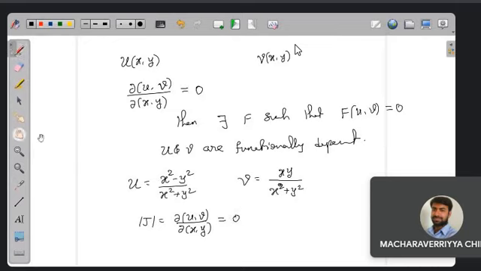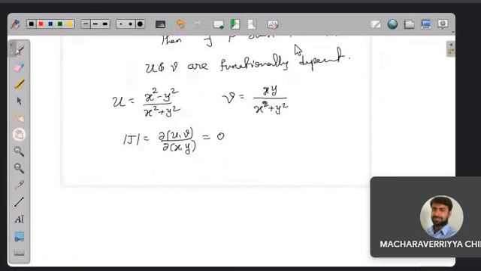You know why it is 0? Because these two functions are functionally dependent. There exists some function so that f of u comma v will give you 0. Let me tell you what the function is. How about f of u comma v equal to u square plus v square minus 1?